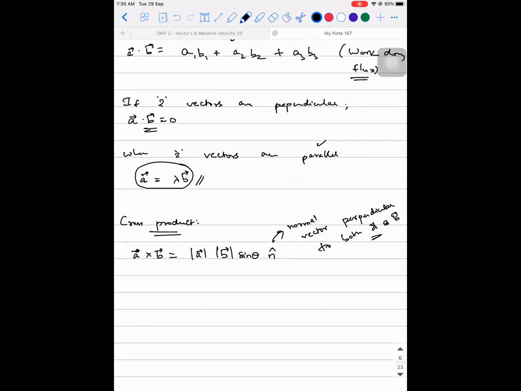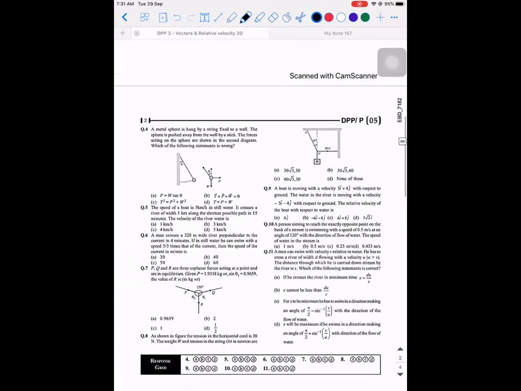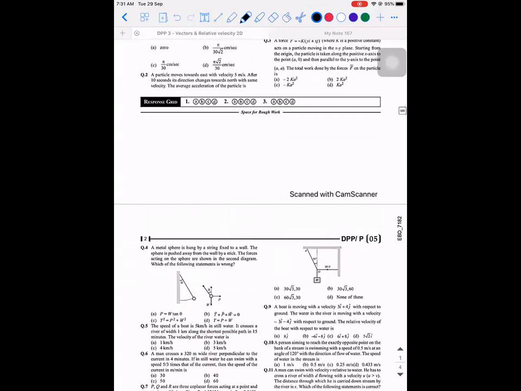So we need not worry about it. These are all the basics I wanted you to have before we start the relative velocity concept, which is very important. Is there any doubt till this step? No, sir.